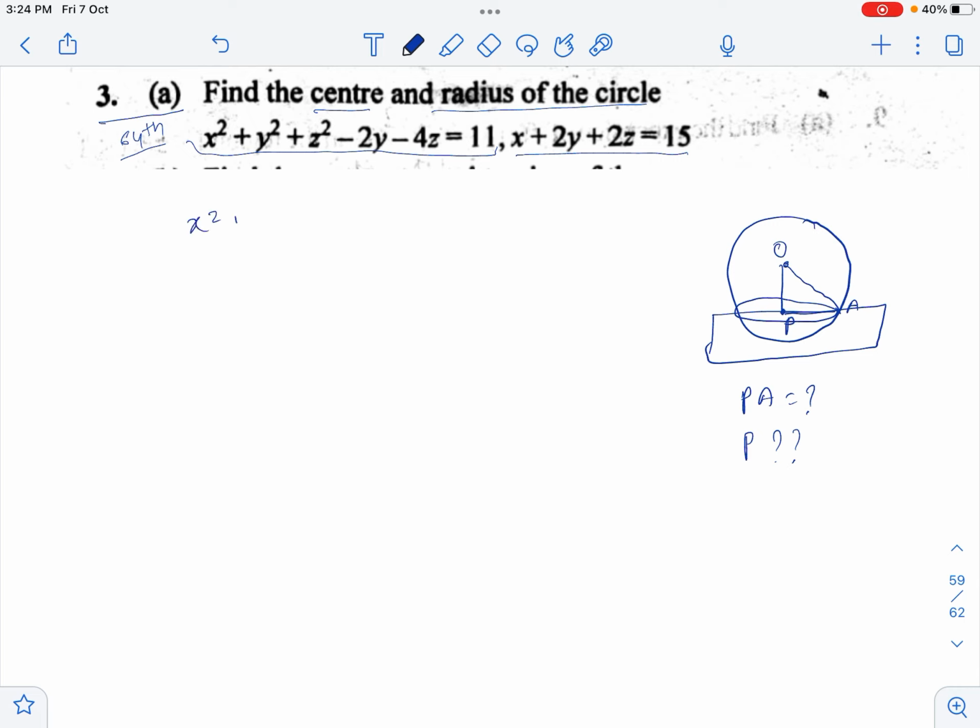So the given equation of the sphere is x square plus y square plus z square minus 2y minus 4z minus 11 is equal to 0. In the standard form of the sphere equation, we write x square plus y square plus z square plus 2ux plus 2vy plus 2wz plus d is equal to 0.